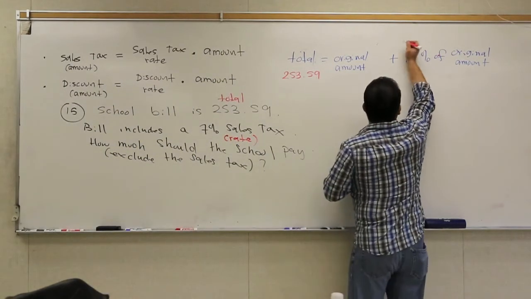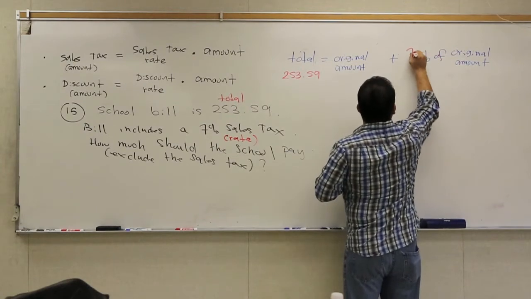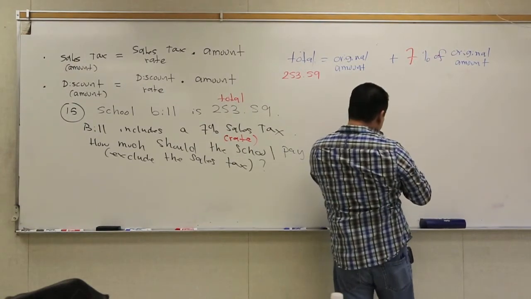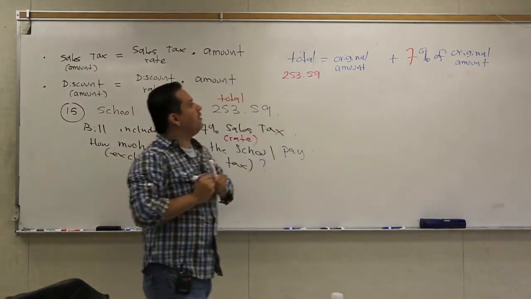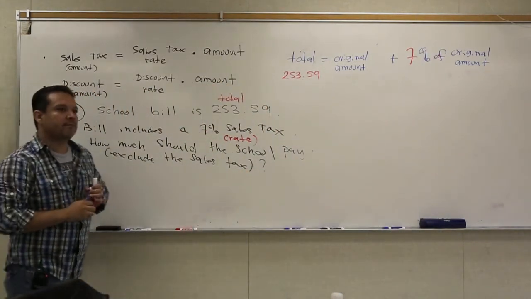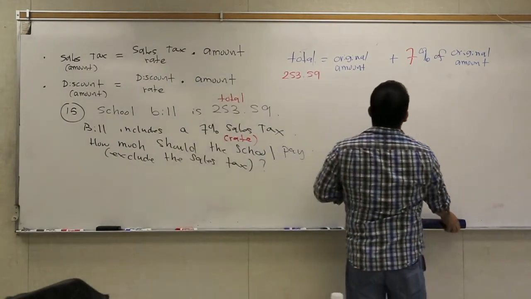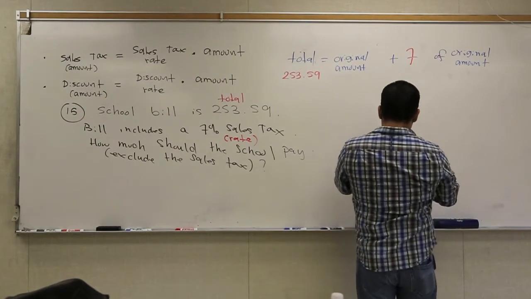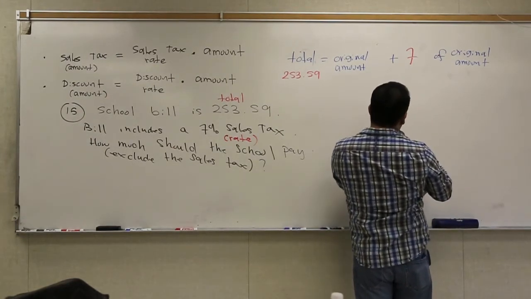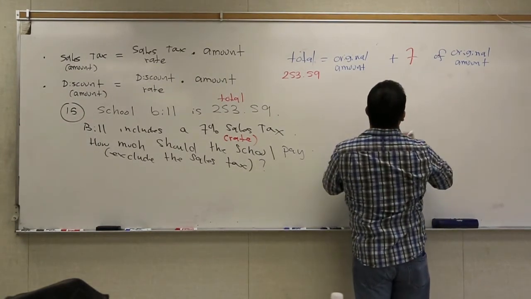So I'm going to replace this N with a 7. So this is 7%. And then what are they asking me? They're asking me how much should they have paid? Should they have paid is the original amount.